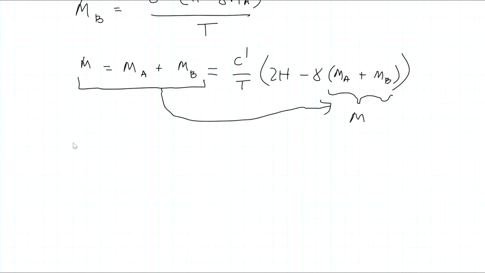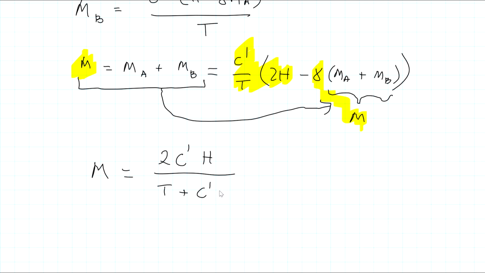Now if we solve this for magnetization, magnetization equals this minus gamma this, and you'll see that magnetization is equal to twice C prime H divided by T plus C prime gamma.